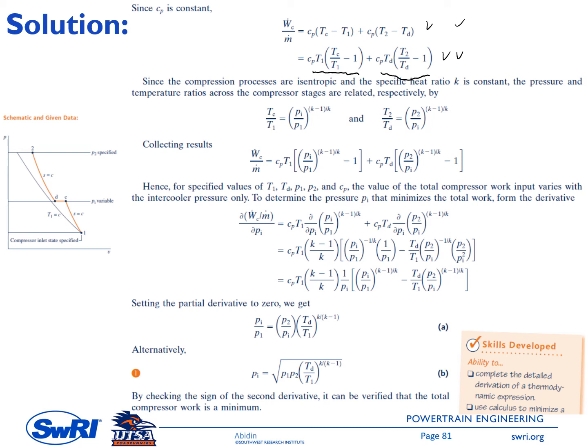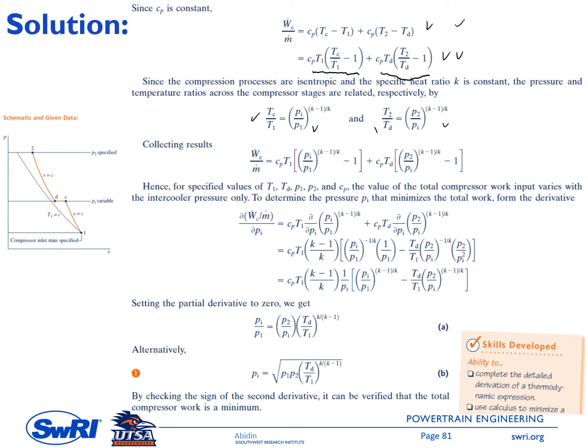Okay, so you have this formula, and then since the compression processes are isentropic and the specific heat ratio K is constant, you can use the isentropic correlation between the temperature ratio and pressure ratio here. So Tc over T1 equals Pi over P1 to the power of (K minus 1) over K, where Pi is the intermediate pressure that we will optimize here.